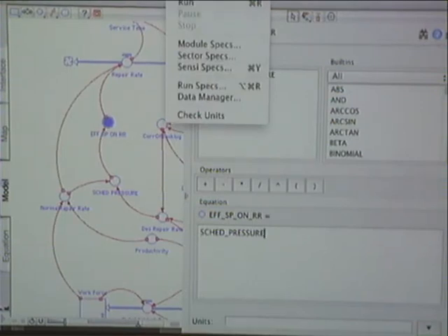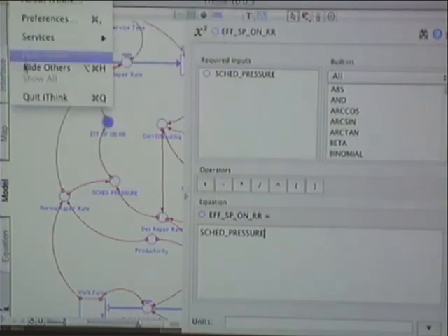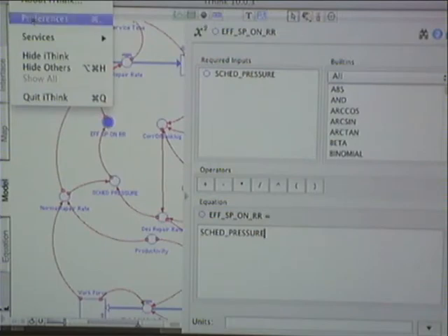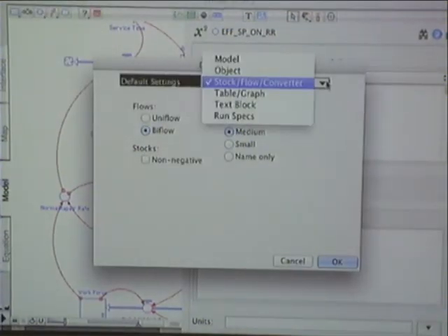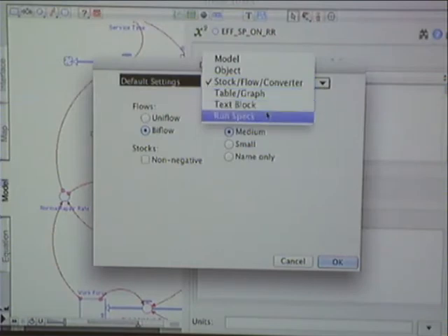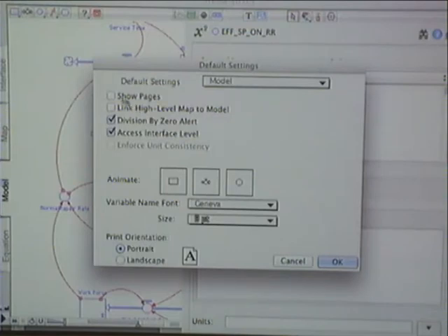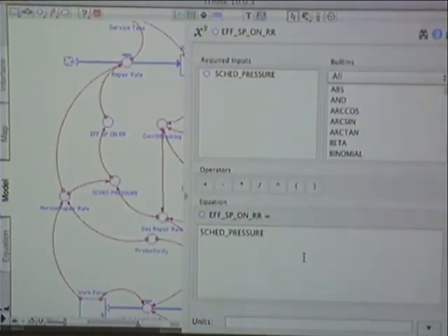I think it deals with preferences. I don't know. Let me just see here. Model. Maybe model. Nothing of this helps. And it wouldn't help to take it out of the screen, because then you don't see very much.